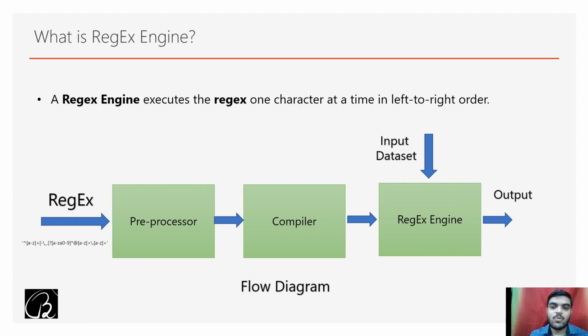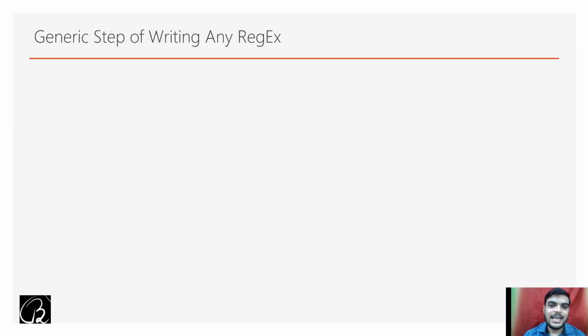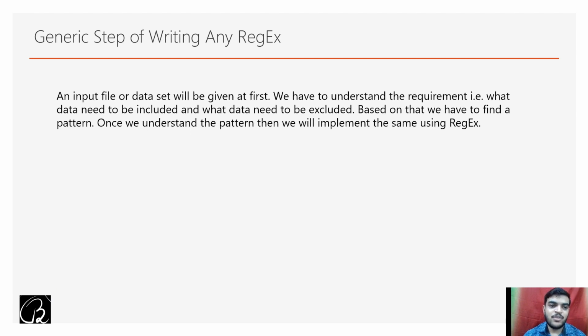Now we will see the generic steps or approach of writing any regular expression pattern. First understand this briefly, then I will tell you the steps in detail. At first, an input file or dataset will be provided to you. Then you have to understand the requirement, what data needs to be included and what data needs to be excluded.